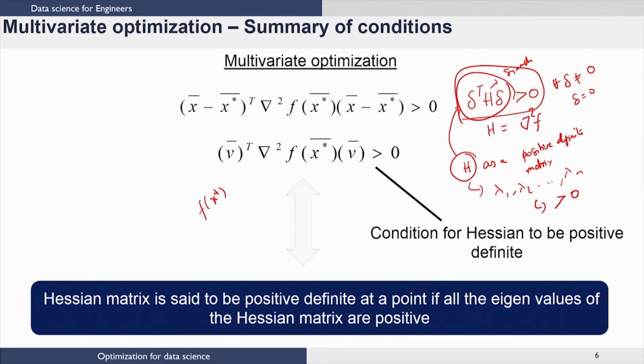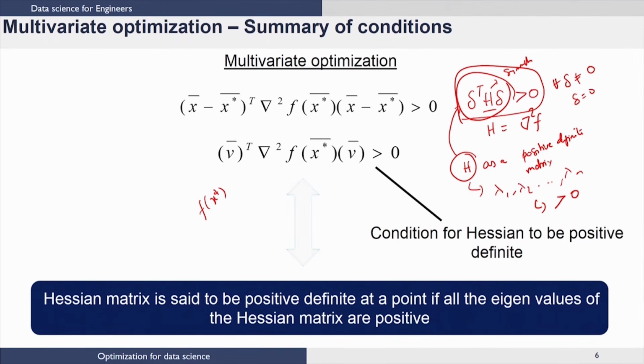Now, what this does is the following. In a multivariate case, it gives us a way to identify points that could be optimum points, and once we identify those points, we can compute this Hessian matrix at those points, and then computation of the eigenvalues of this Hessian matrix would allow us to determine whether the point is a maximum point or a minimum point and so on.